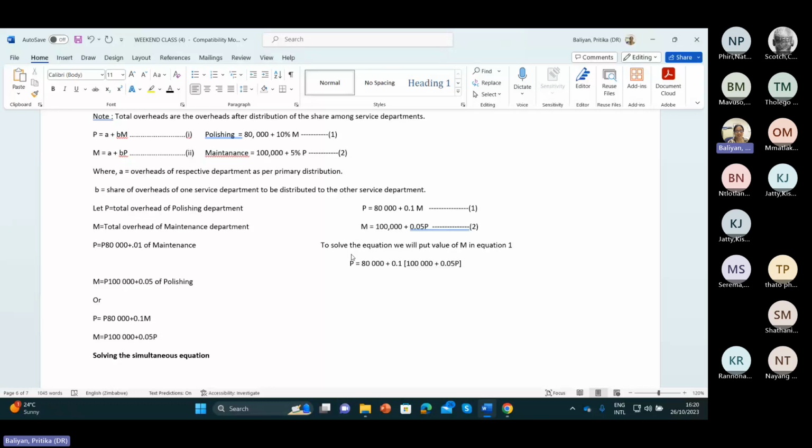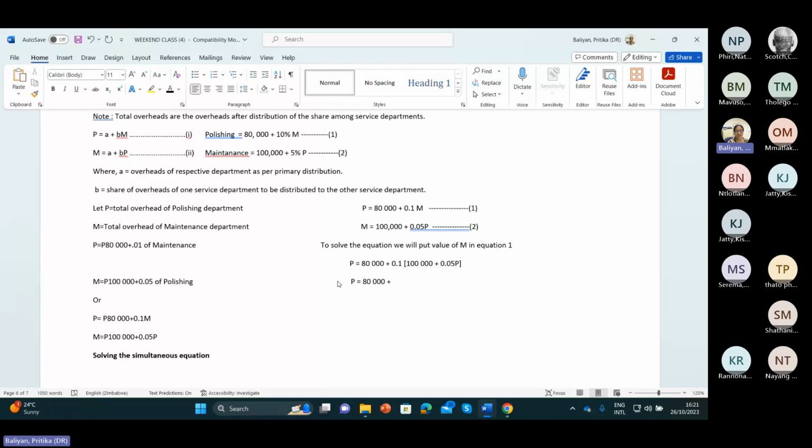Then in the next step, P equals 80,000 plus, when you have a figure and then another figure in the bracket, you need to multiply.